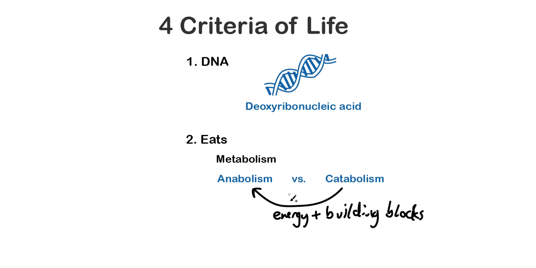We'll get more into what the building blocks really are when we delve in a little bit. So energy and building blocks come from catabolism. They go to anabolism, which uses that to power the cell, to build larger structures and things like that. Sometimes the structures it builds will take excess energy and store it in things like fat or starches in plants. And sometimes later on, that energy will return to catabolism to break it back down when it needs it.